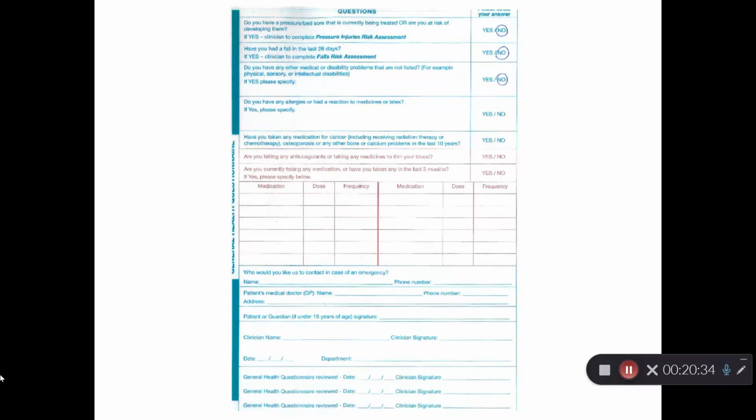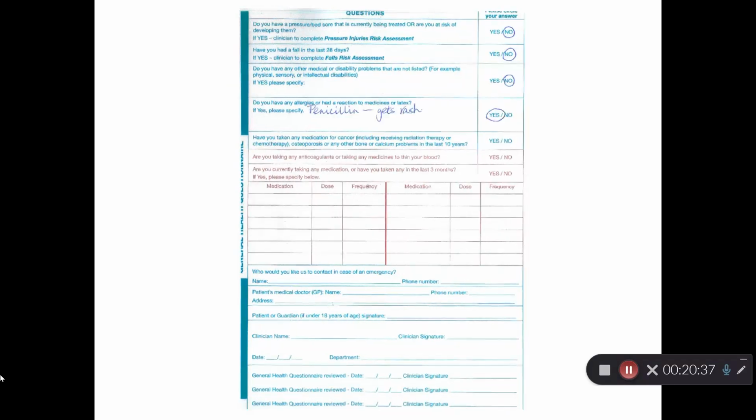Okay, so what happened with this patient? Have they got any allergies? Well, yes, they've answered yes. They're allergic to penicillin. So we follow that up and we're asking what sort of symptoms do they get? That's the logical question. And in this case, the patient gets a rash. Now, that's an indication that the patient has a true allergy.